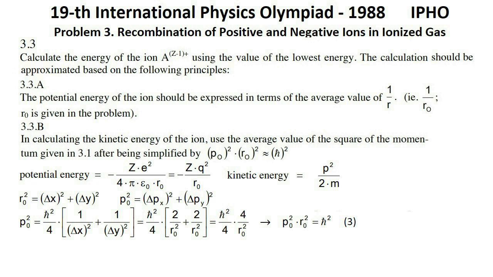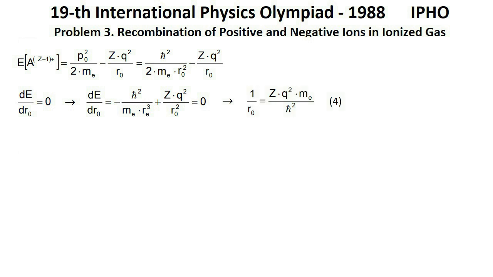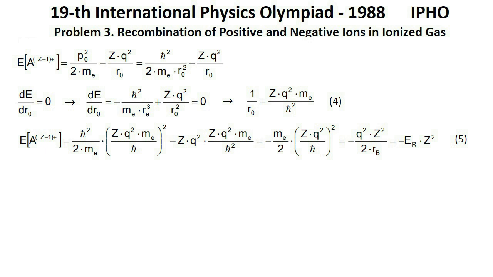Formula 3. That is, the total energy is equal to the following expression using formula 3. The minimum energy exists when the first derivative with respect to R0 is equal to 0. Hence we have the following expression. Hence 1 over R0 is equal to expression 4. This gives the following expression for energy. Formula 5. This was the solution to question 3.